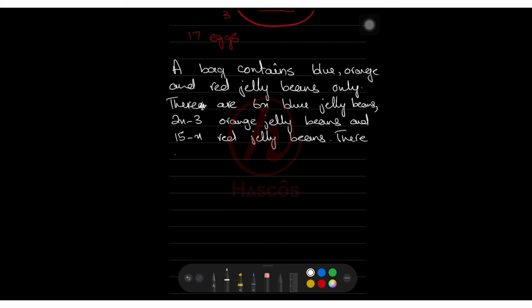There are a total of 54 jelly beans in the bag.